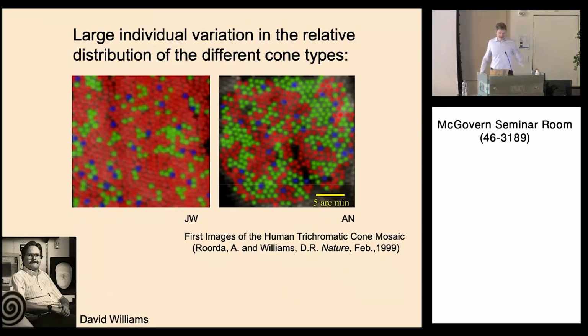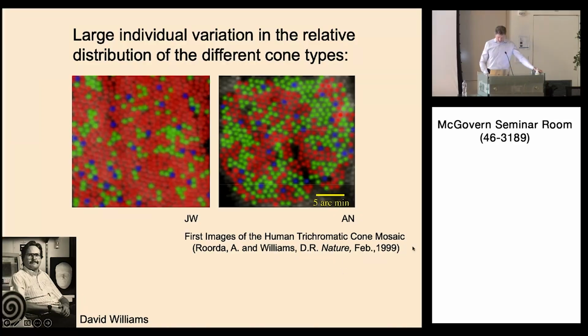All right, so one interesting empirical fact is that there's a fair amount of individual variation in the nature of the receptor mosaic on the retina. Okay, so these are pictures that were generated with a method called adaptive optics, whereby you can kind of look inside someone's eye and image the cone mosaic.